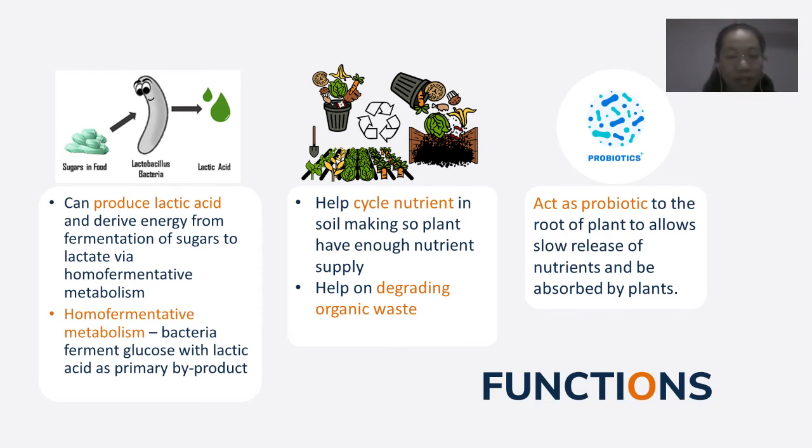Next, lactobacillus also helps cycle nutrients in soil, so plants have enough nutrient supply, and it also helps in degrading organic waste. Lastly, it acts as a probiotic to the root of the plant by allowing slow release of nutrients that will be absorbed by the plants, in the rhizosphere.